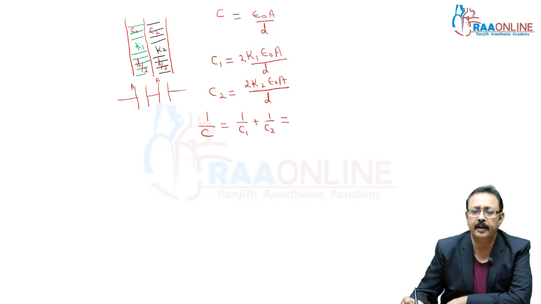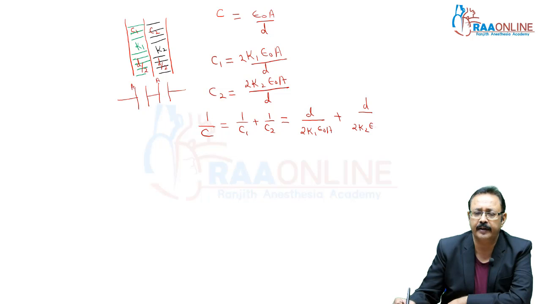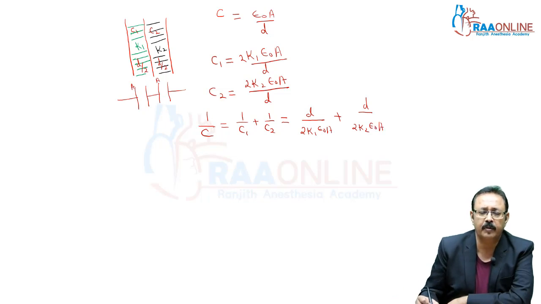Means D upon 2K1 epsilon naught A plus D upon 2K2 epsilon naught A. So 1 upon C should be equal to, take D upon epsilon naught A common, and we can take this 2 also common, 1 upon K1 plus 1 upon K2.